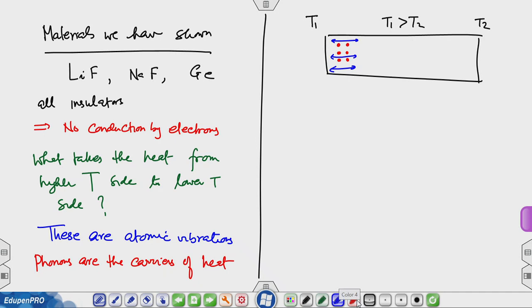And on the other side, they are cooler. So, motion is less with smaller arrows, and in between the middle size arrows. So, what happens is that the vibrations start vibrating the next layer of atoms, and therefore, the energy gets transferred this way.